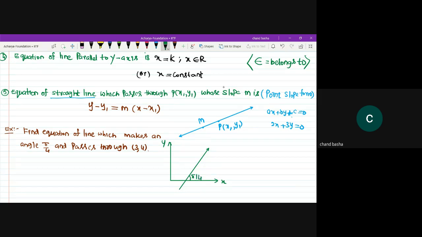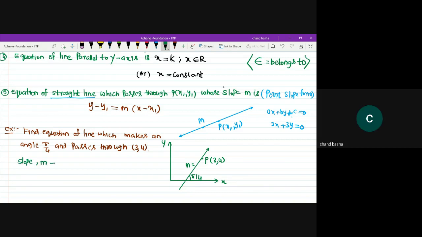This is clearly given to you. And one point on the line is (3, 4). But we require the slope m value. Yes or no? m is not given. Clear? What is the slope and how can we find out the slope?